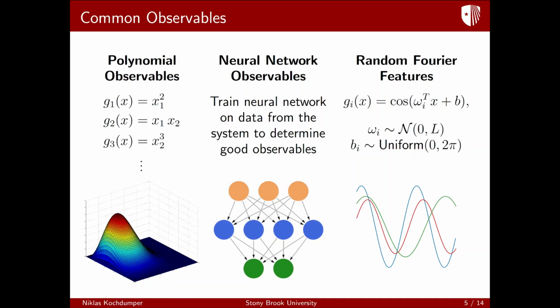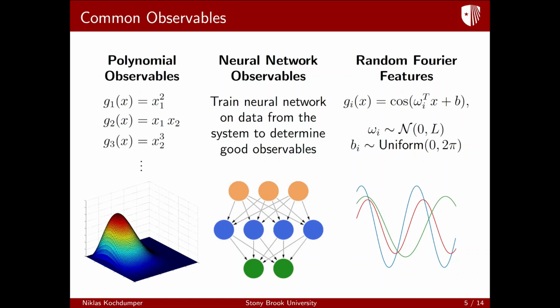And as we know from the Fourier theorem, arbitrary signals can be represented by a linear combination of trigonometric functions with different frequencies. That motivates why random Fourier features might be a good choice for this nonlinear transformation.